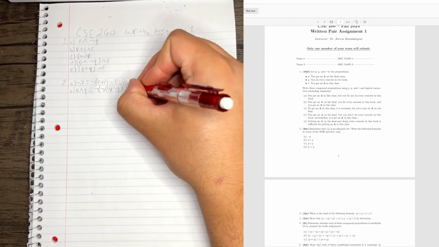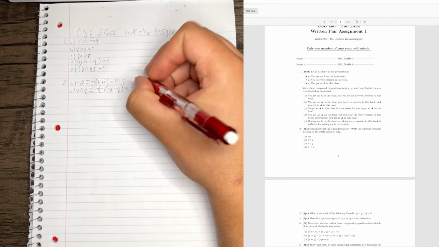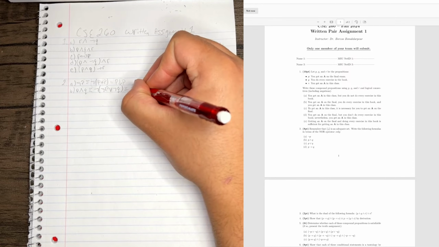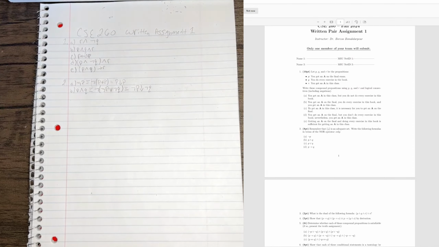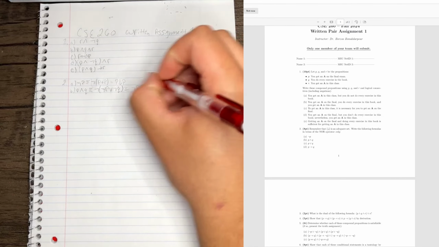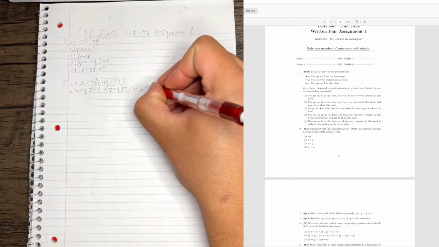So that would be not P NOR not Q. And I'm assuming we can use NOTs. No, we can't. We're going to have to convert it, which is fine because we just did it up there.